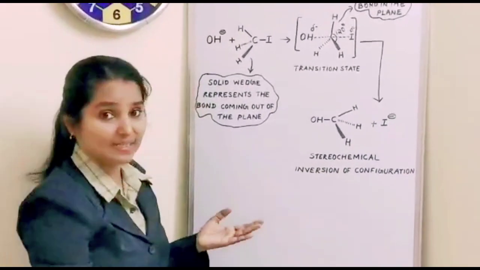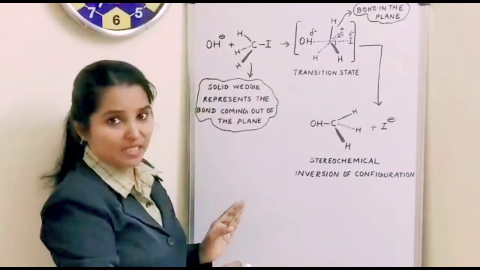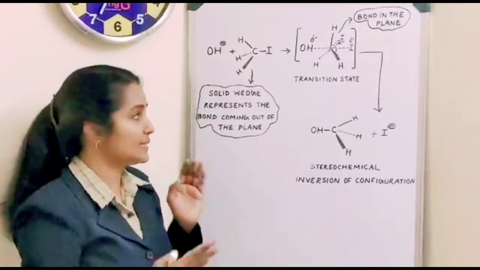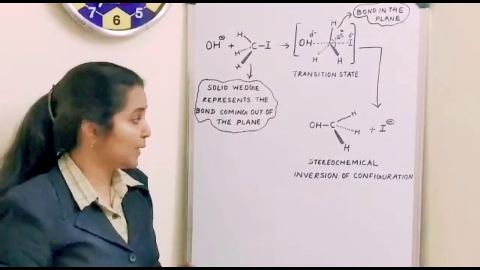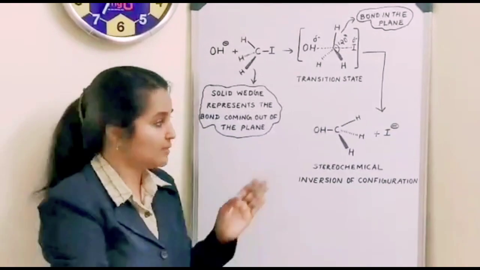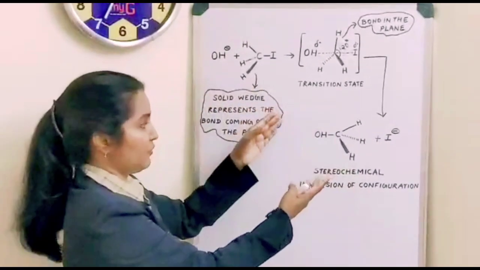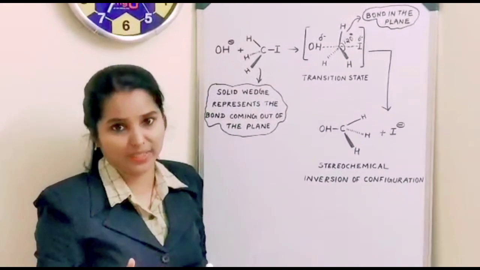I think we have answered both the questions. So this is the explanation. How you can briefly explain the SN2 mechanism is this, and at the same time, how you can explain the inversion of configuration that takes place during the SN2 mechanism is this. This inversion of configuration marks the SN2 reaction.